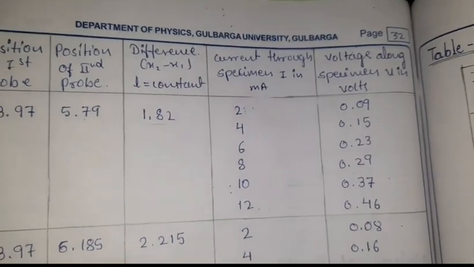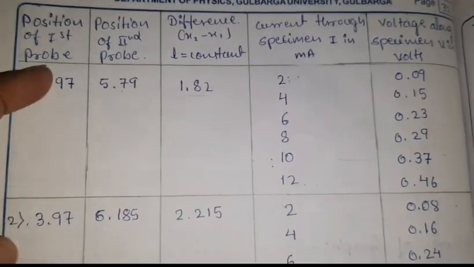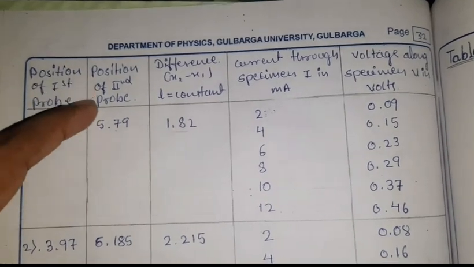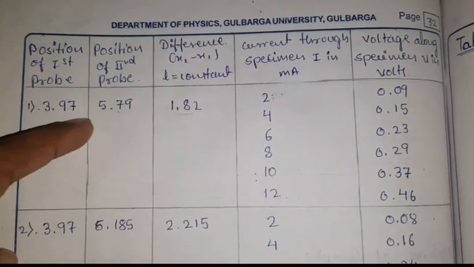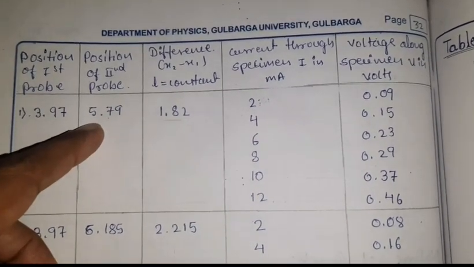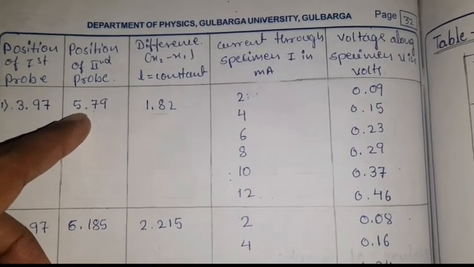So here is the tabular column for this experiment. The position of the first probe is fixed for all the different trials. The position of the second probe we have to change each time. For the first trial, you should note down the position of the second probe with the help of the traveling microscope.